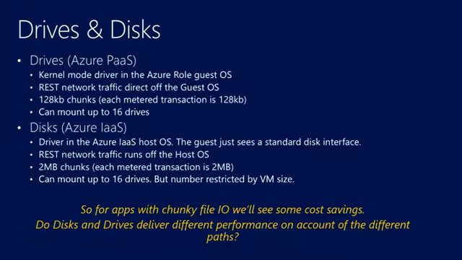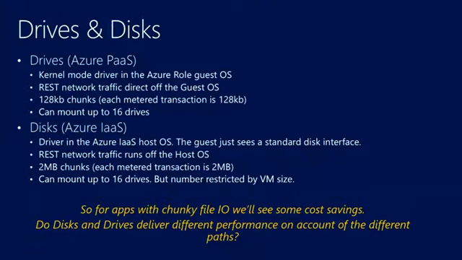One thing that's worth noting is that with drives, everything is done in 128 kilobyte chunks. Disks, everything is done in 2 megabyte chunks. If you have chunky I/O operations from whatever you're running in that virtualized machine, then you probably are going to see some cost savings in terms of your transaction traffic by using disks over drives.